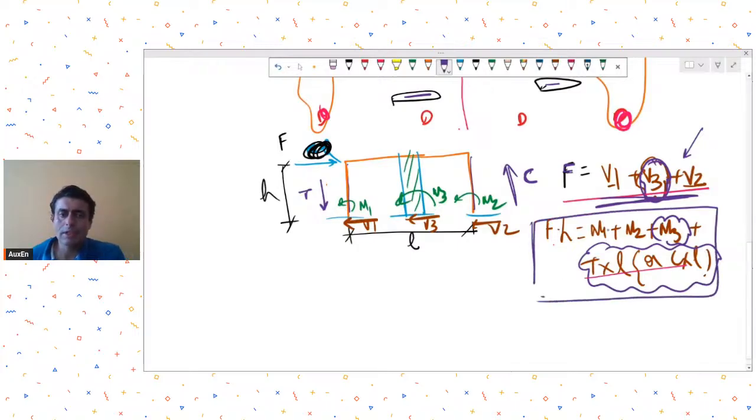In this equation, what's happening? This m1 m2 were, let's say, the moments resisted by columns. These will not be significantly higher, but this m3, that is the moment resisted by the wall, and the tension compression couple resisted by the columns, these will have significant values. So you can just try to find out the percentages. Just to give you an example, suppose my total overturning moment was 100 kilonewton meter.